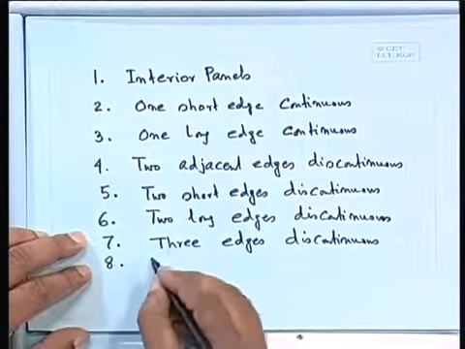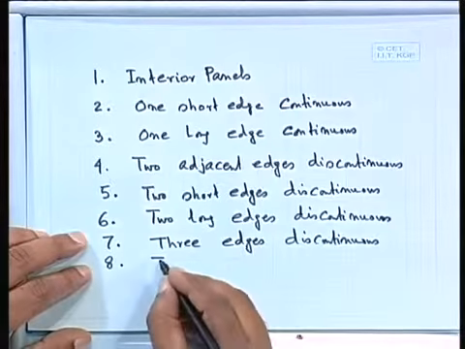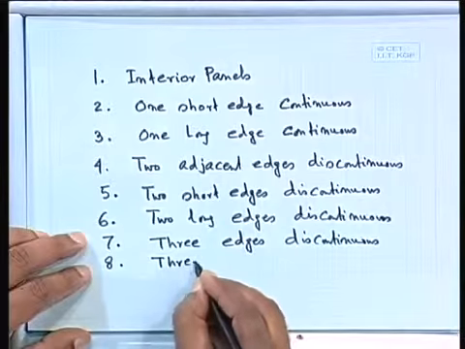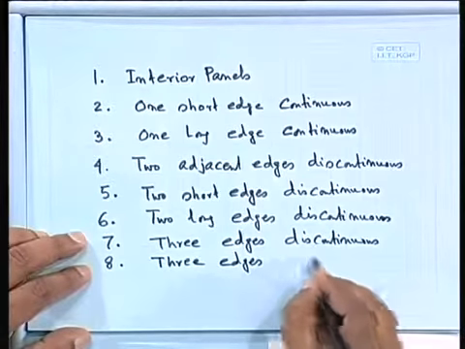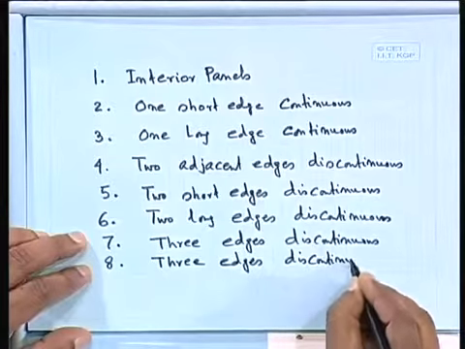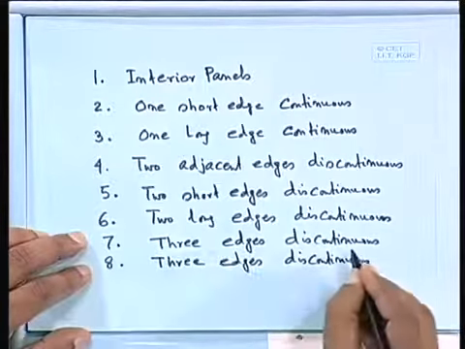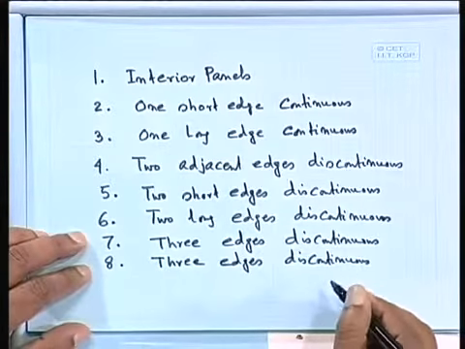Number 8, also let us write down, I shall tell you what is the difference. 3 edges discontinuous. What is the difference? Number 7, 3 edges discontinuous. Number 8 also 3 edges discontinuous.